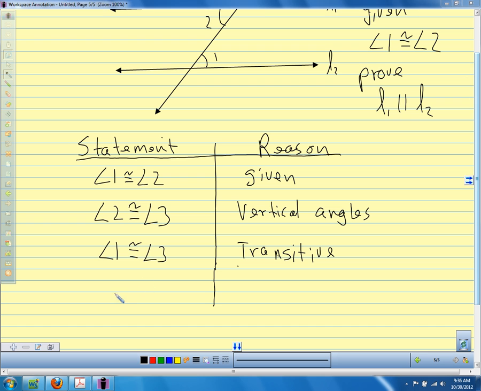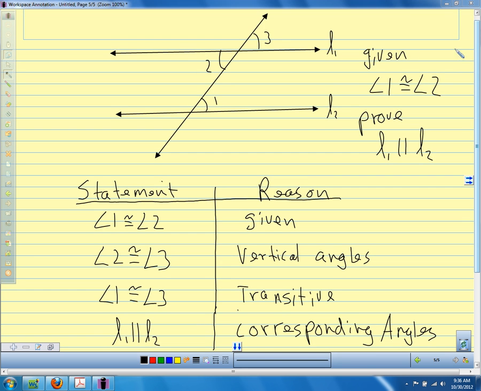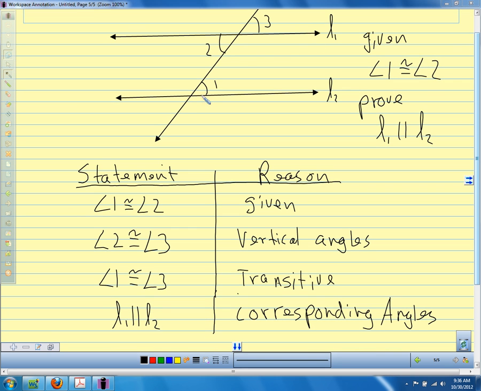So I'm going to say that line 1 is parallel to line 2 because corresponding angles are congruent. Angle 1 and angle 3 are corresponding angles. That was our postulate, that if corresponding angles are congruent, then the lines are parallel.